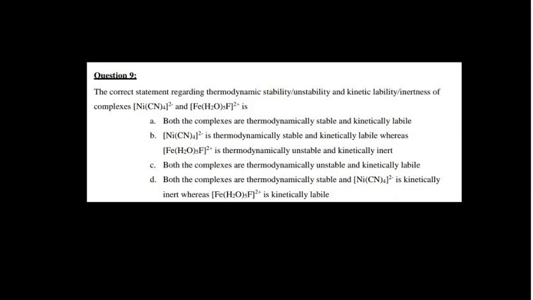What it says is the correct statement regarding the thermodynamic stability and instability, kinetic lability and inertness of the complexes. Say for example you have Ni 2 positive, that means 26 electrons, which belongs to a 3d8 system.